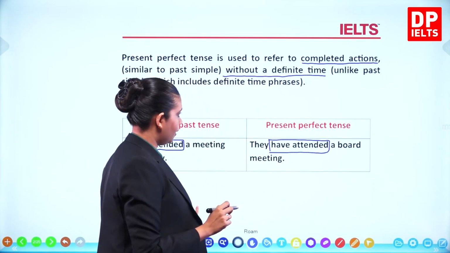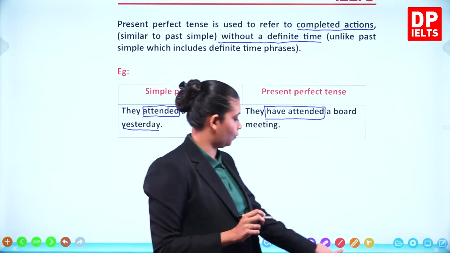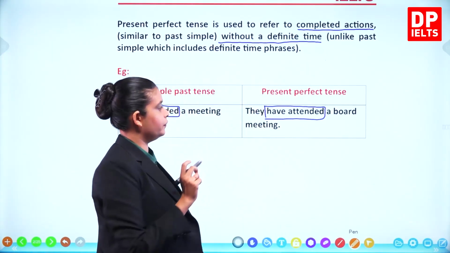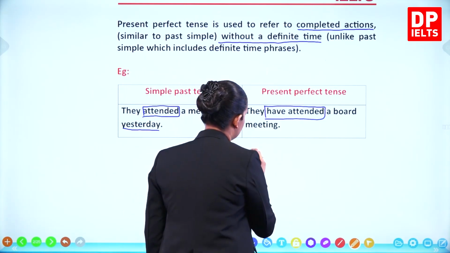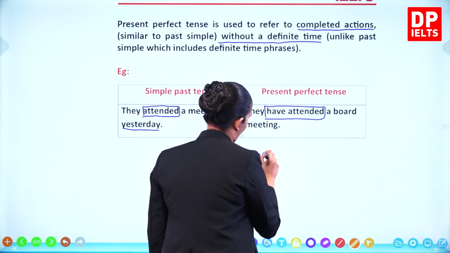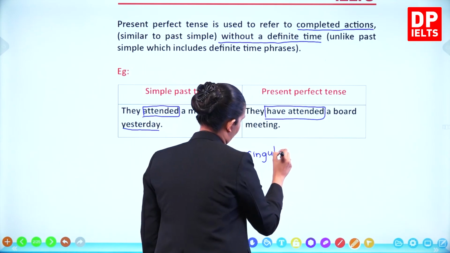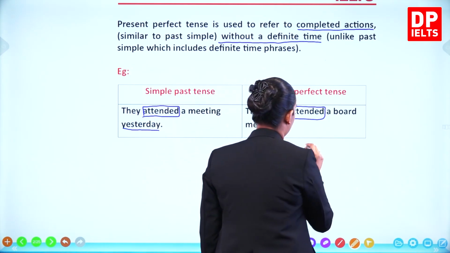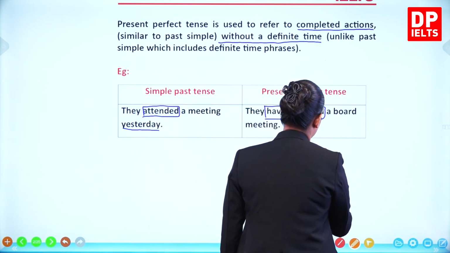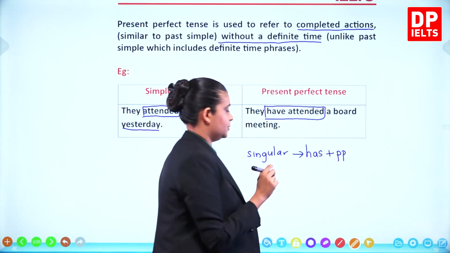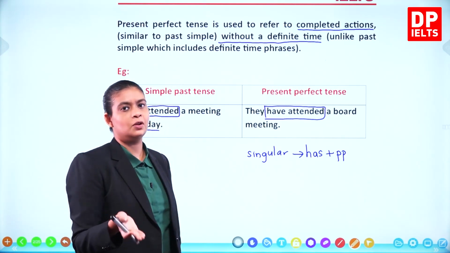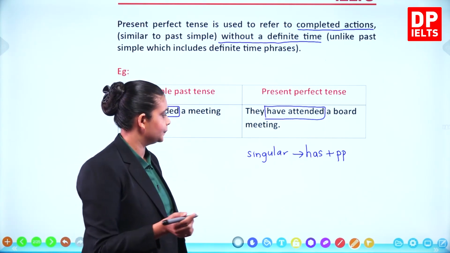Now, if you have a look at the form of the present perfect tense, if it is singular, then it is has plus the past participle. PP means past participle of the verb, right?